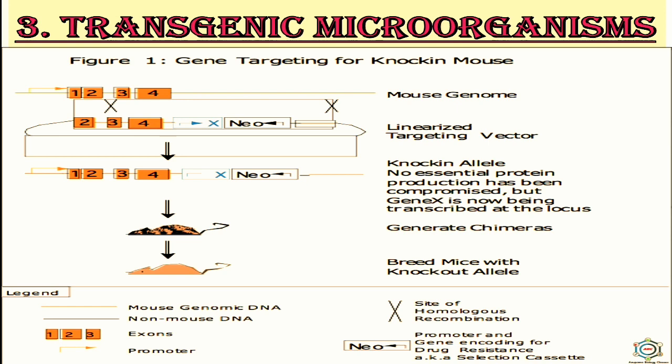Here you can see the mouse genome, then the linearized targeting vector, then the knockout allele. Then generate chimeras and then breed mice with the knockout allele. So this is gene targeting.